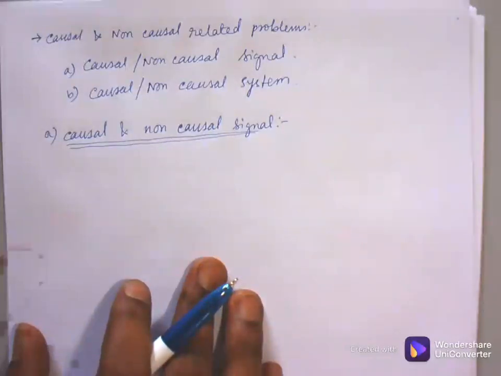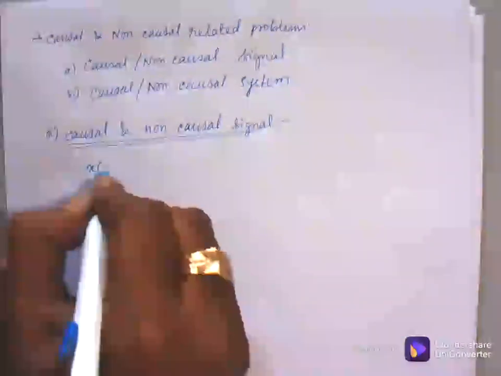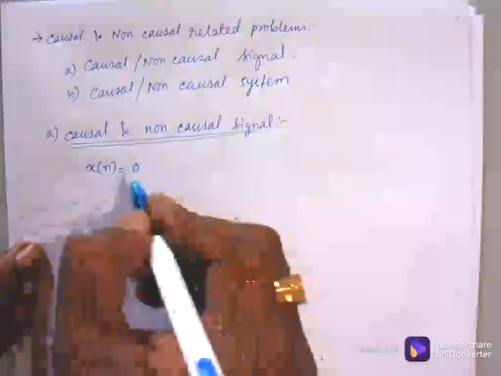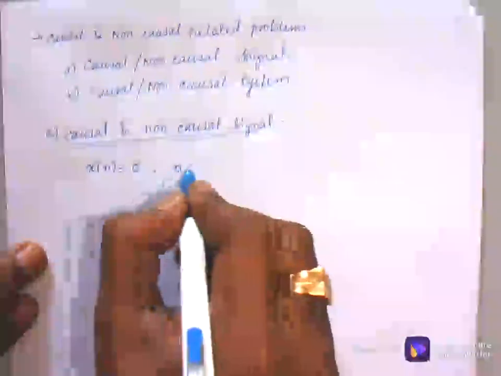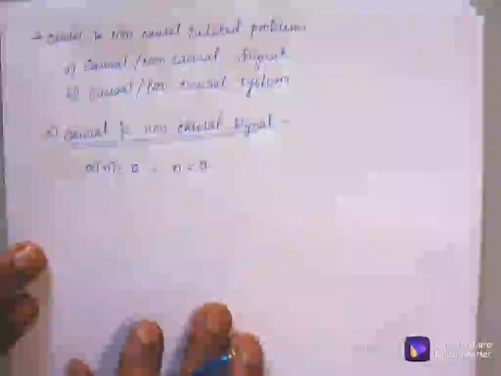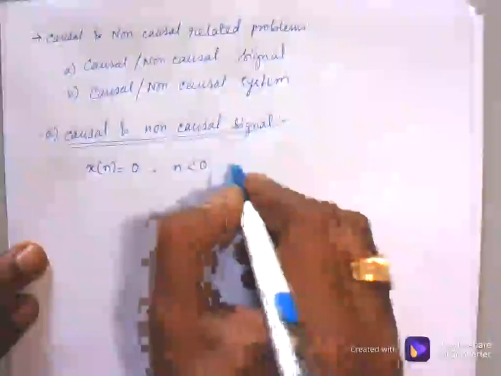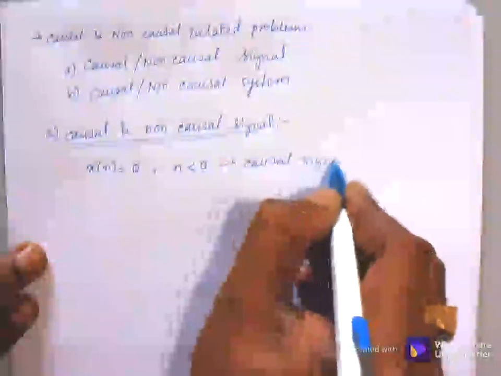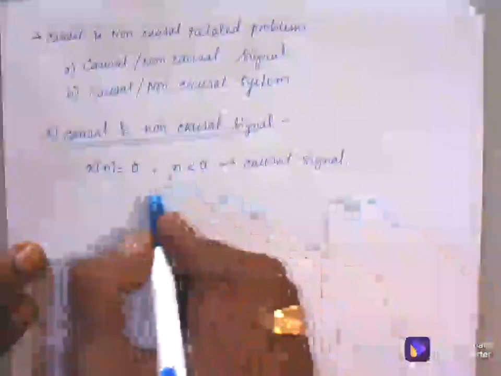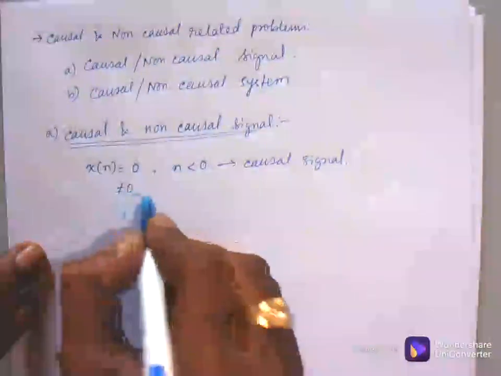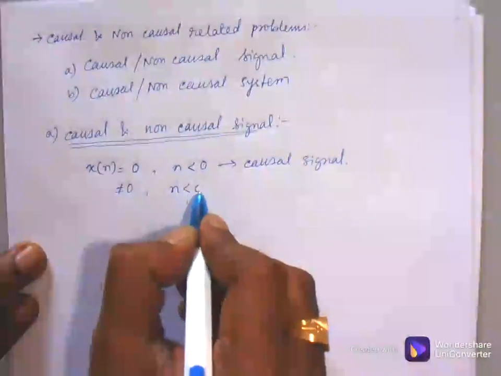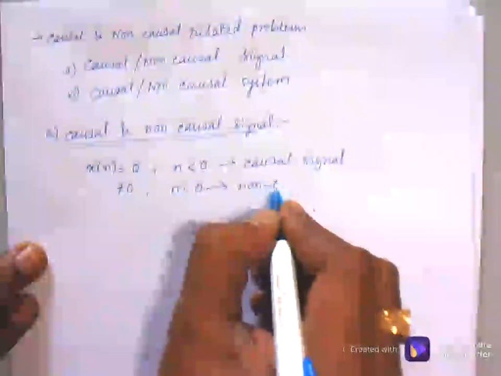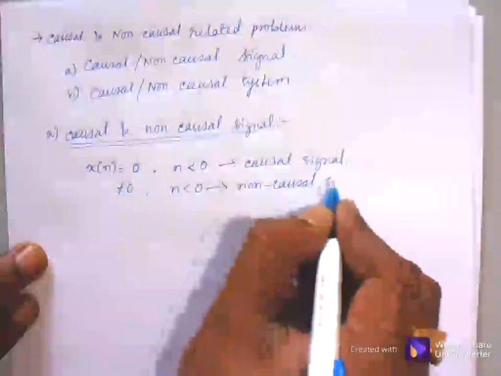That means suppose x[n] is the signal. If x[n] is equal to 0 for n less than 0, then it is a causal signal, and if not, then it is a non-causal signal.